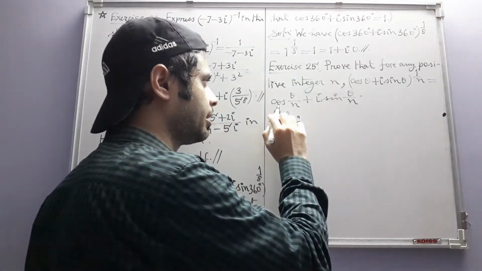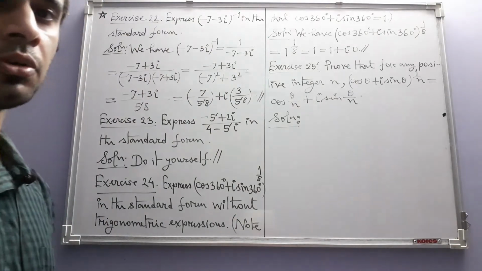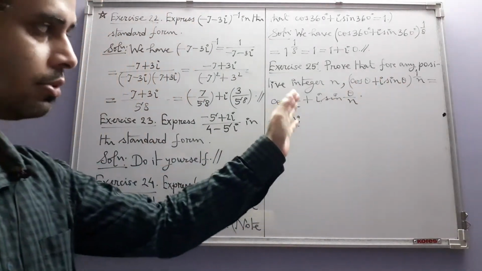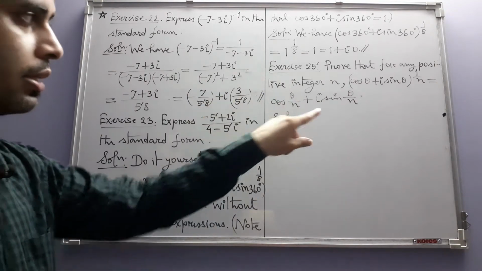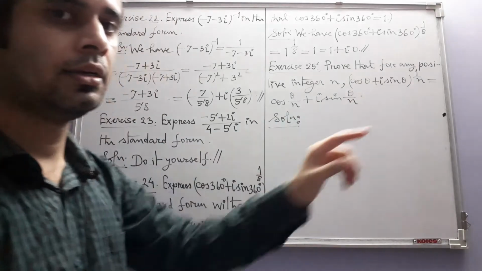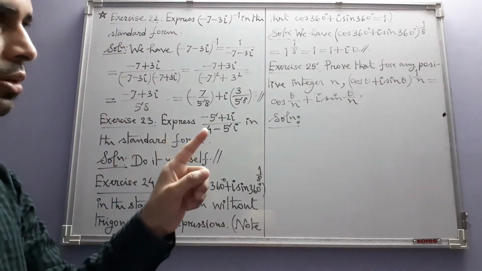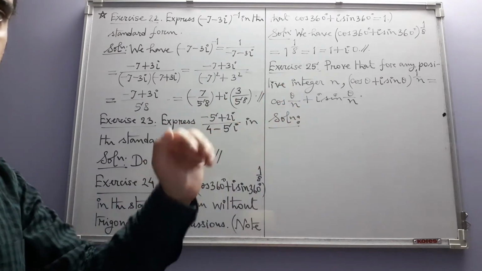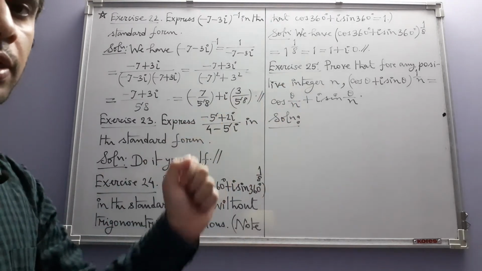It is saying that this is an nth root of cos theta plus I sin theta. That is the only thing it is saying. This equation does not mean that this is the nth root of cos theta plus I sin theta, because this is not the only nth root.